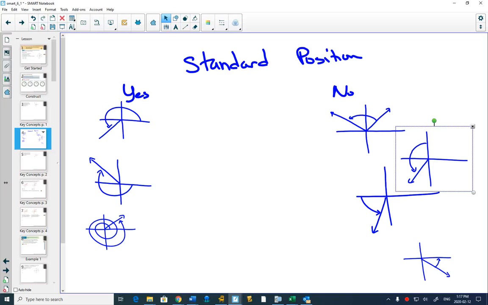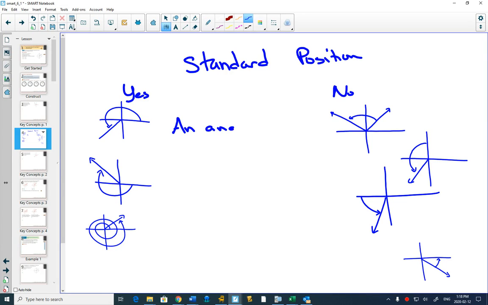You ready? Yeah, okay. So how would you describe an angle in standard position then? Okay. So all three of these started on the positive x-axis and then go to the angle. Okay?